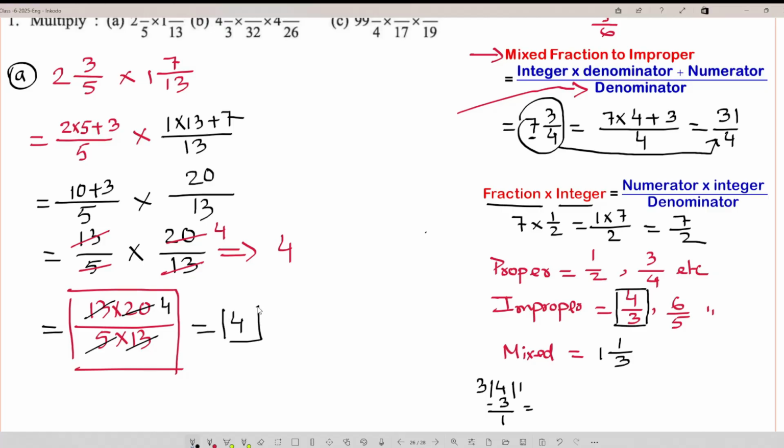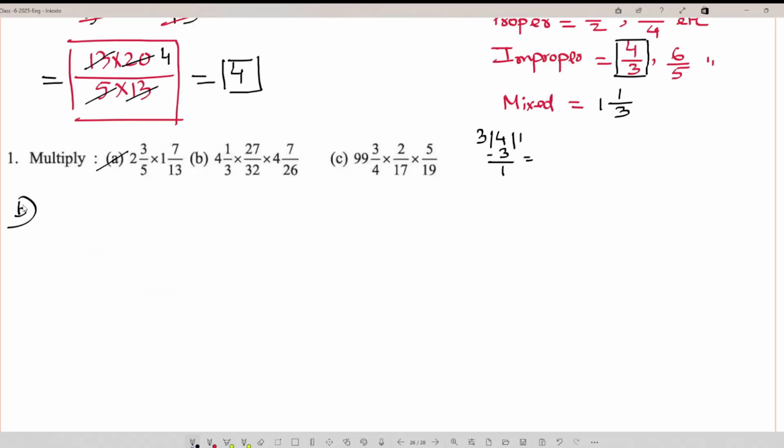Number B means 1B, which is multiplication. Here is 4 1 by 3 times 27 divided by 32 times 4 7 by 26.